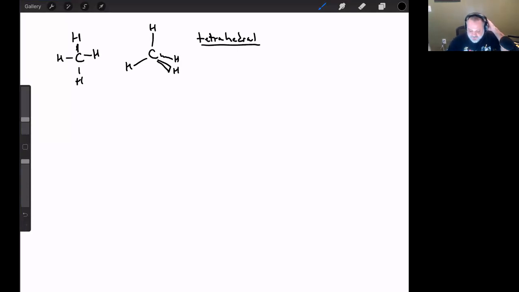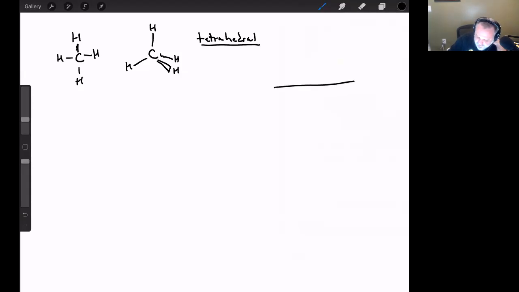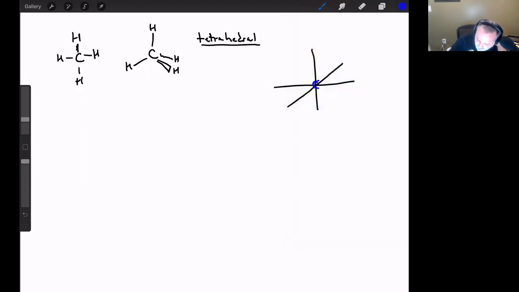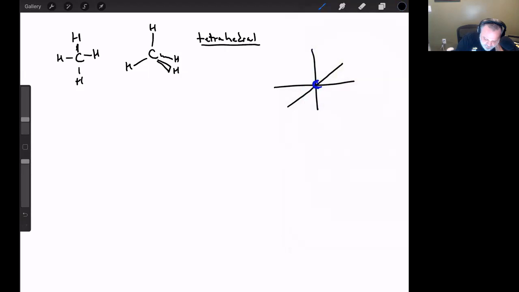And so the question is this: if we take an X, Y, Z coordinate system, and we place on that coordinate system a carbon atom, what do we know about the electron configuration of a carbon? It's 1s2, 2s2, 2p2.